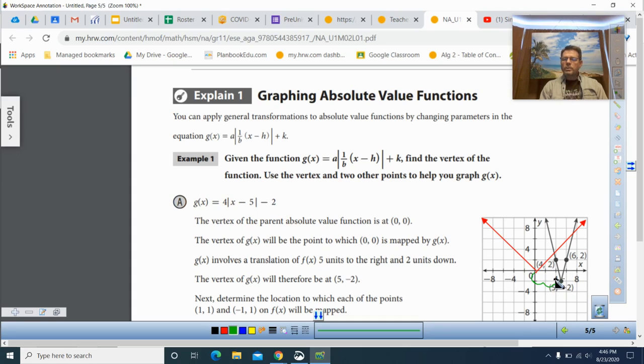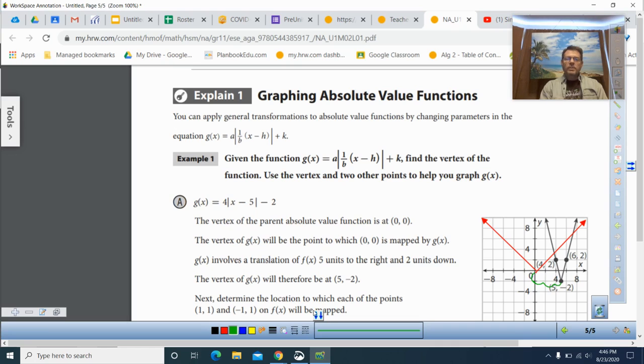And you notice it's more narrow than before, because this 4 on the outside means it's been vertically stretched by a factor of 4. That's how they say that. Basically, it's rise 4, run 1. That is what's going on here.